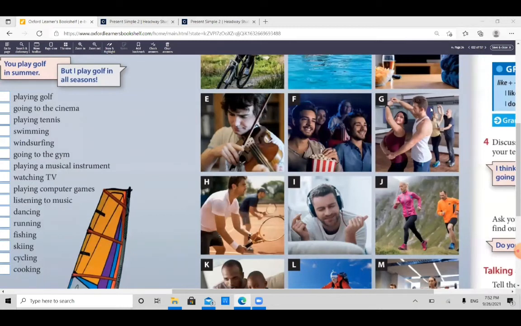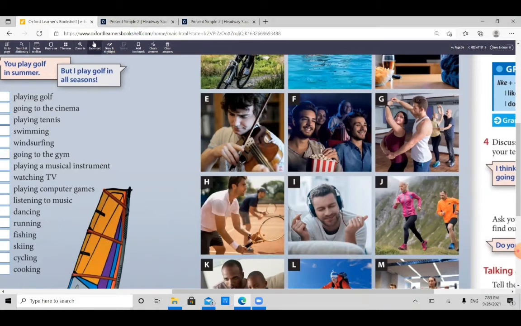So have a look, please, and try to do them quickly. Okay. Yes, who would like to tell me playing golf? Which picture? Yes, please. H.